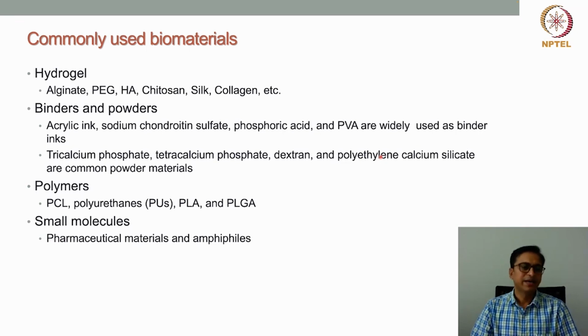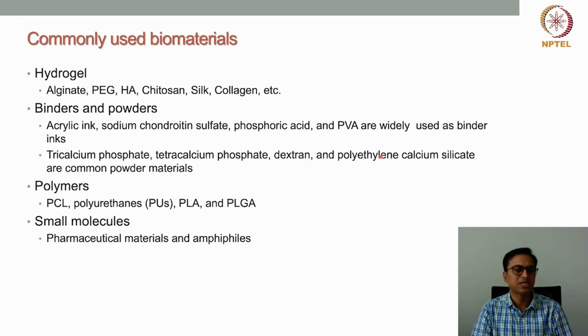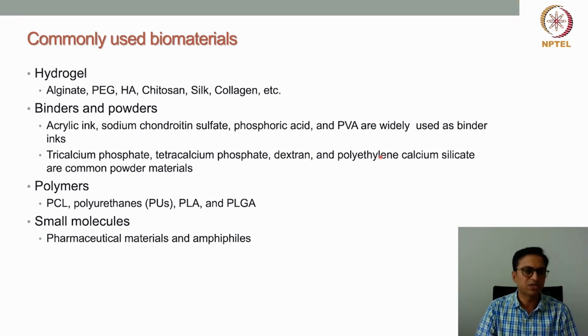Similarly, in inkjet printing, various polymers are also used. I have written only 4 examples here, like PCL, polycaprolactam, polyurethanes, polylactic or glycolic acid. Similarly, there are various types of polymers, either in aqueous solvent or in organic solvent. All these different types of polymers are mostly used. But the most important thing is, these polymers are first solubilized in certain solvents.